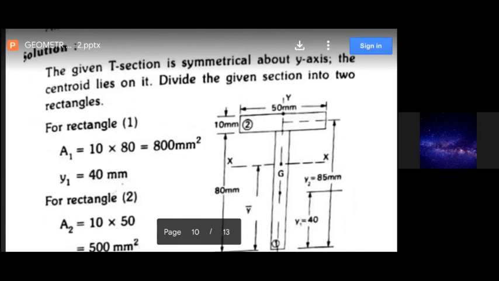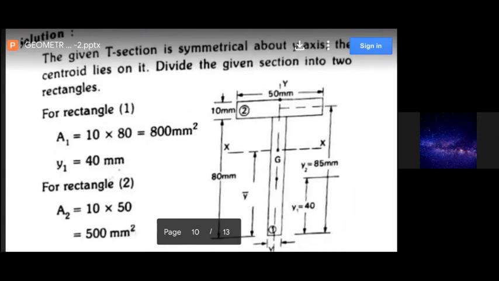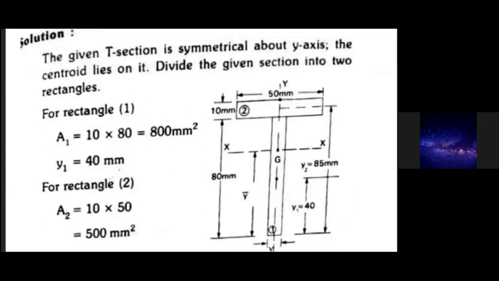Here we have to find only y component, not necessary to find x component, because its x component lies on the y-axis itself. So we can divide the T section into two rectangles, this vertical rectangle and this horizontal rectangle.